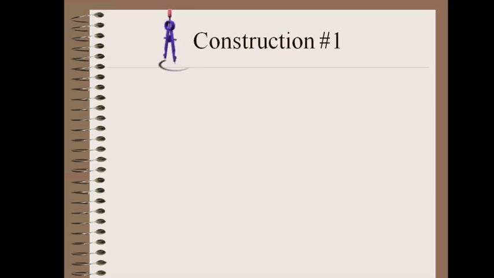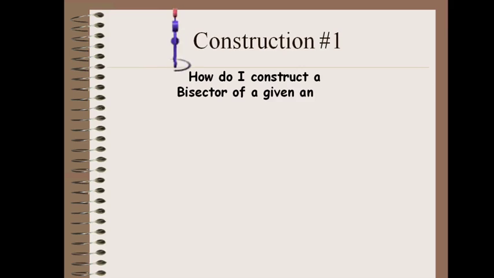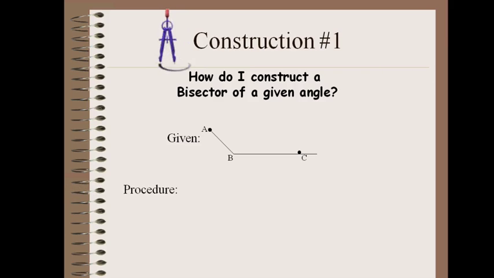Our first construction is to construct a bisector of a given angle. So here an angle is already given ABC. We need to draw angle bisector of this given angle, for which we need to follow certain procedures.